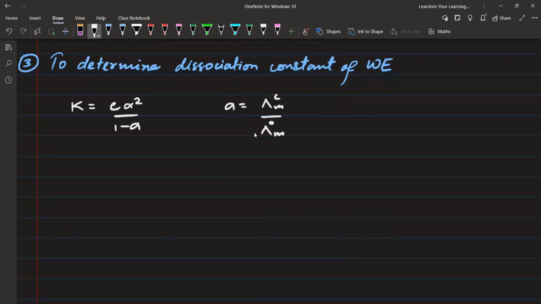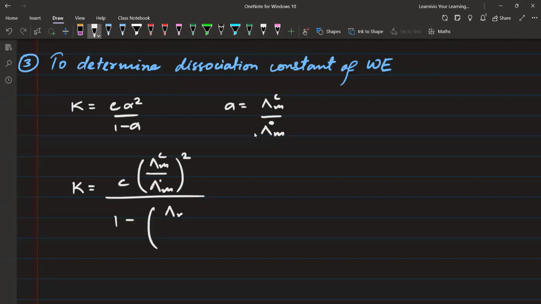So the dissociation constant capital K will be equal to the concentration C, and alpha square will be lambda m at a particular concentration divided by lambda naught m, squared, divided by 1 minus lambda m at a particular concentration divided by lambda naught m.